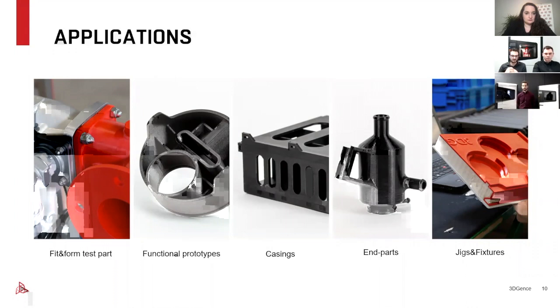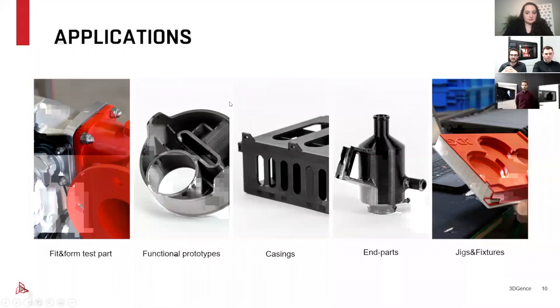Functional prototypes, of course. You can create parts that will be able to deliver useful information from the function of the part that you have created before you actually commit to other manufacturing methods. Casings are also a brilliant application, especially if we consider ESD materials for housing electronics, or polycarbonate for impact resistant enclosures.